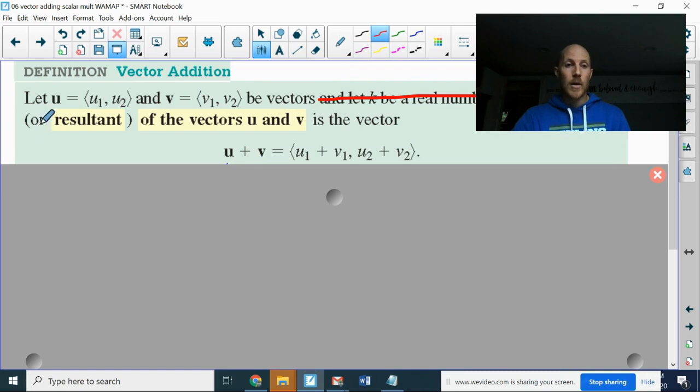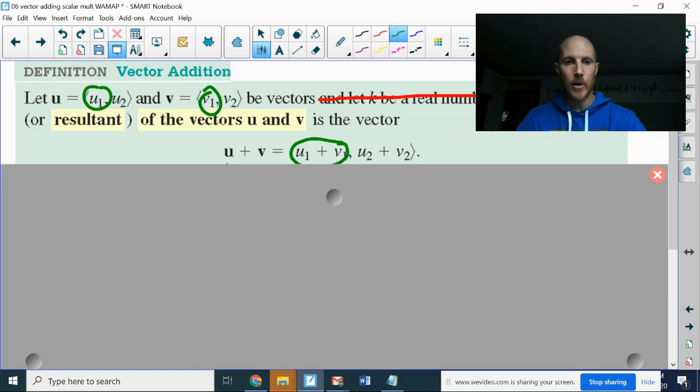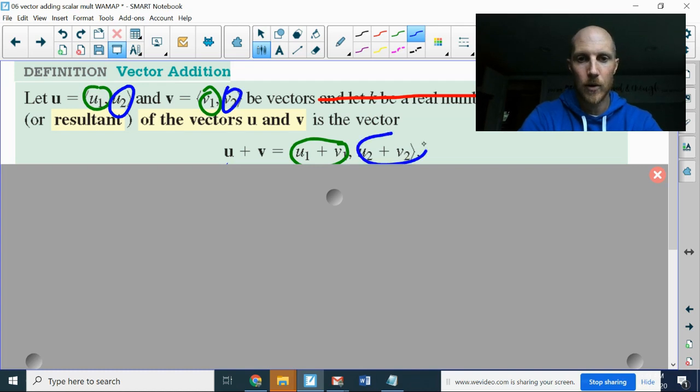The sum, which is called a resultant, when you add two vectors together, that's called a resultant vector. The sum of the vectors u plus v is, you just take the x components, those get added together, that's going to be our new x component, and we take this y component and this y component, and those get added together, that is our new y component.